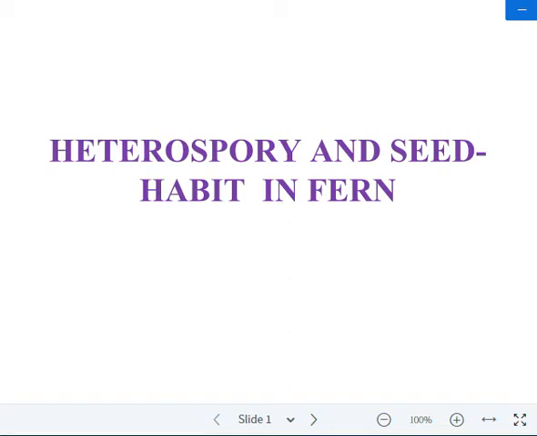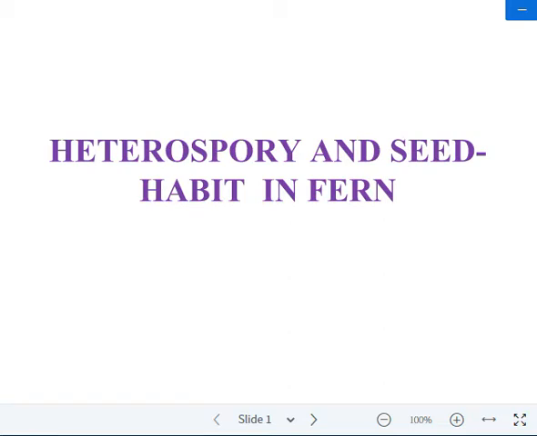On the basis of production of the spores within the sporangium, the fern has been classified into two categories. One is homosporous fern, second is heterosporous fern.